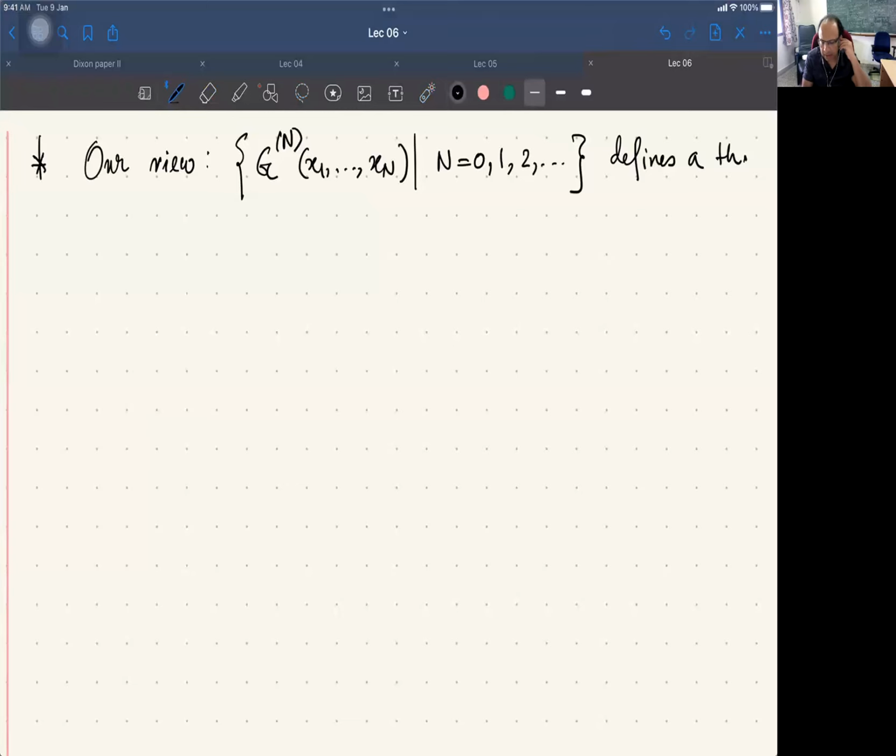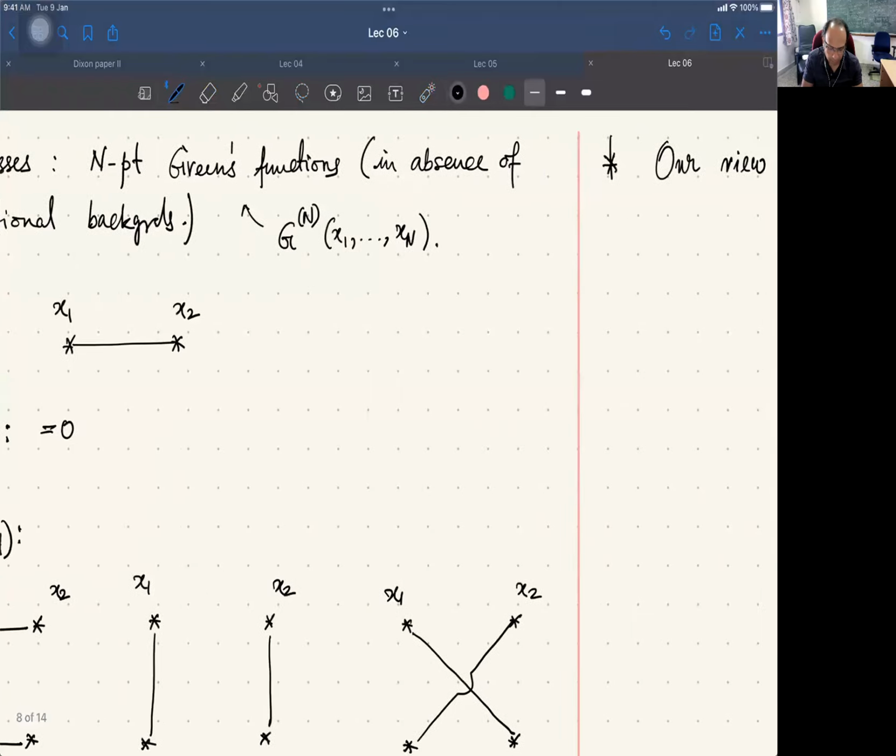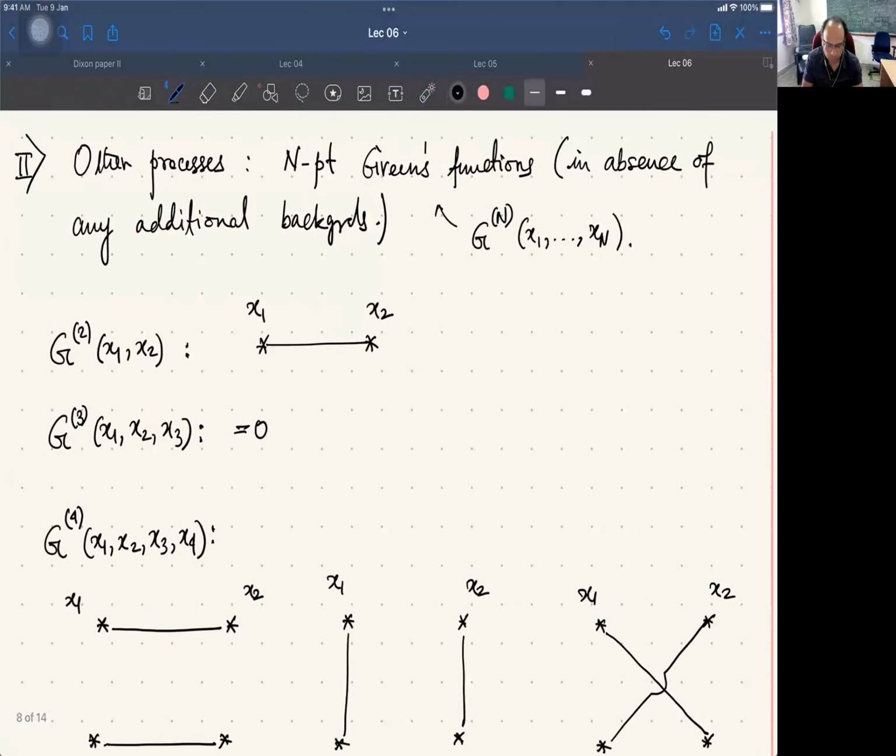I haven't discussed n equal to 0 in my previous discussion. You could do that. I will postpone the more detailed discussion of this 0. So G0 will not have any external points, and you can actually have that in this current theory.